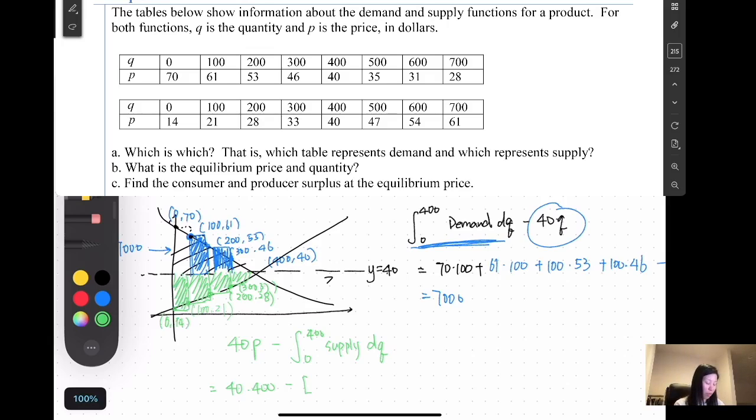If I use the left endpoint, I have 14 times 100, plus 21 times 100, plus 28 times 100, plus 33 times 100, which equals 6,400. So that means the producer surplus is about 6,400.